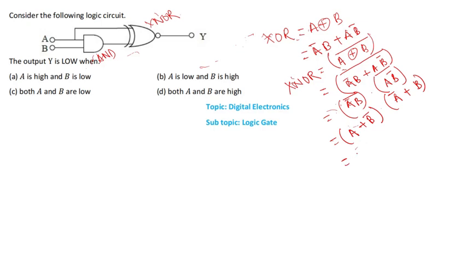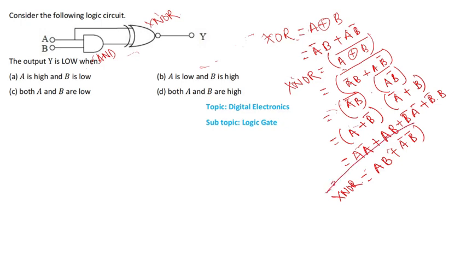If we multiply both the terms, we get A A bar, then A B, then B bar A bar, then B bar B. From here we can write the output of the XNOR gate, which is what is required.